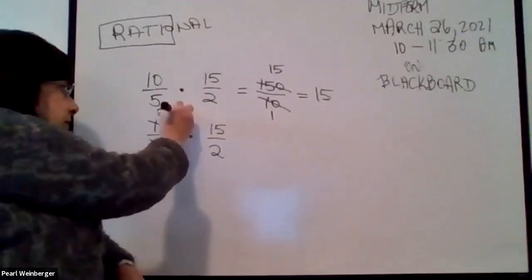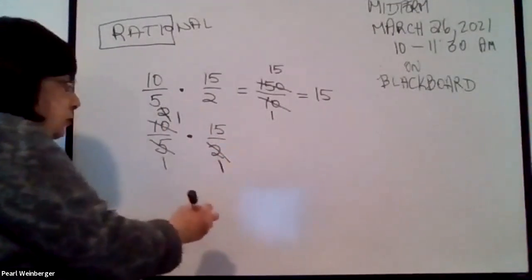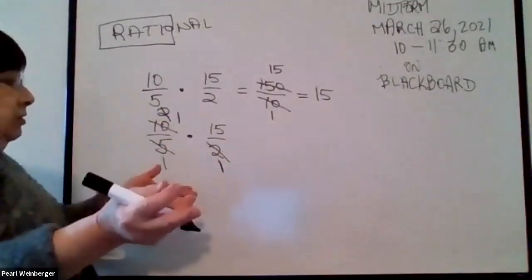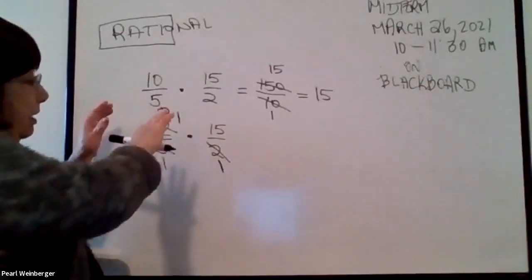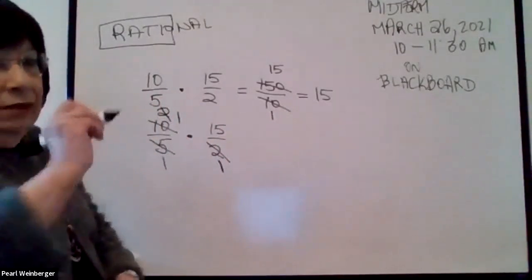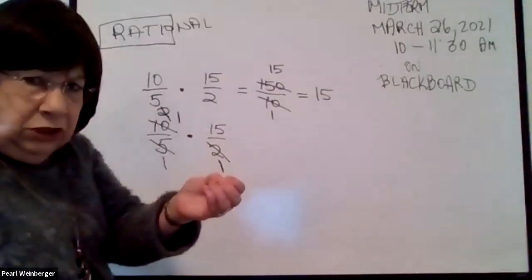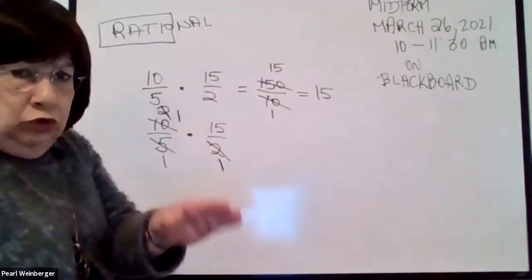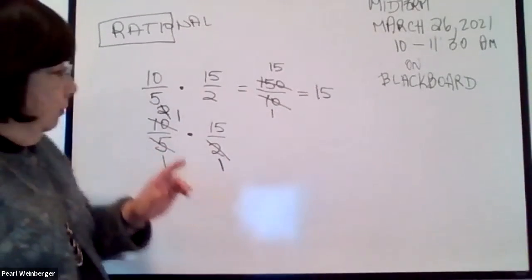Of course, that'll leave me 1. And this by 2, and that'll leave me 1 as well. Now there's nothing left. Again, you have to be careful, because when you cross something out, don't scribble it totally out, because you want to be able to see what's underneath. But do cross it out so that you know you're not using it anymore.